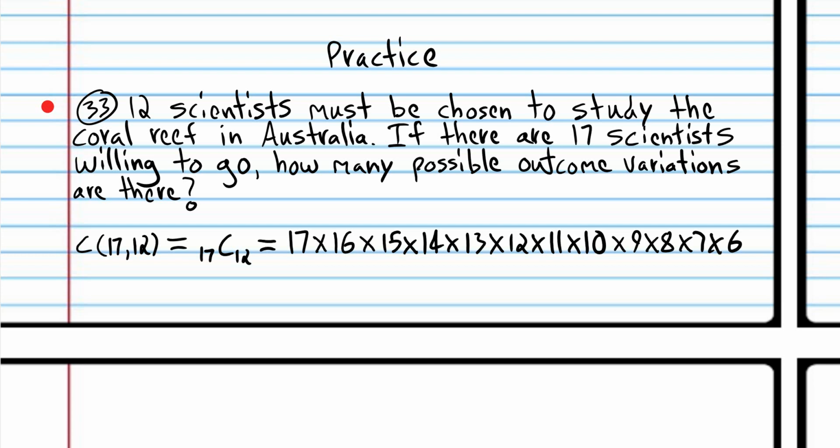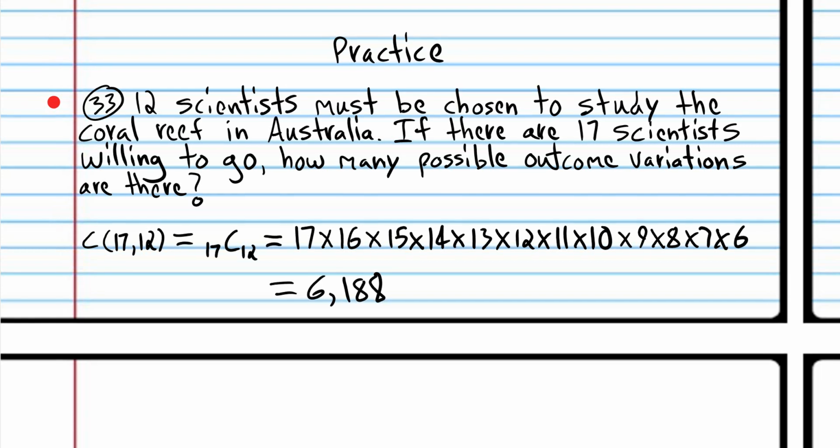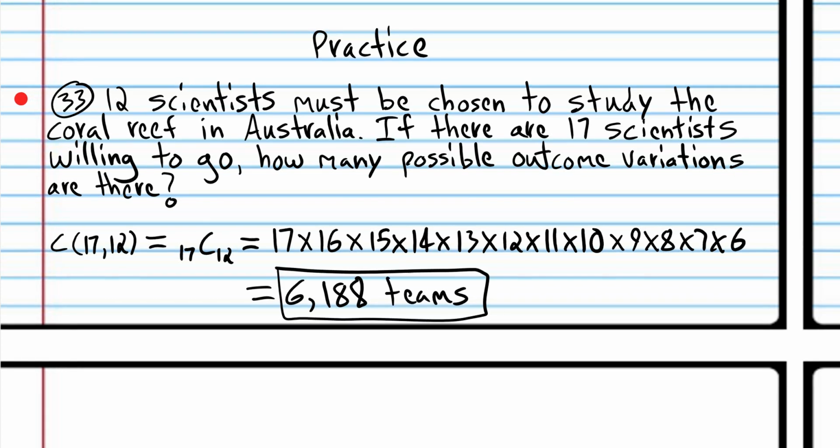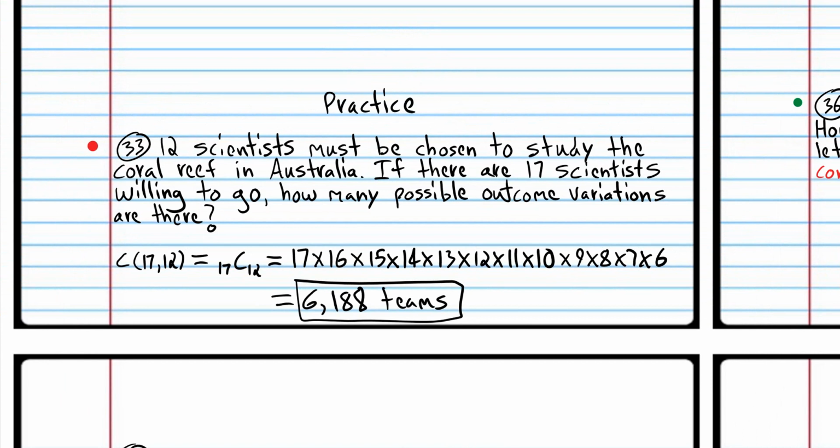Press enter, then enter 12, and press the enter button, and we have 6,188 possible teams. Again, we don't care about the permutations. If we choose 12 scientists, we're not going to count the orders in which we can rearrange those 12 scientists.